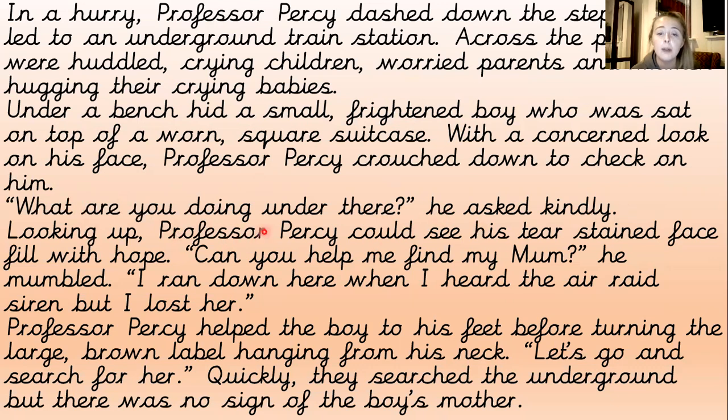Looking up, Professor Percy could see his tear-stained face fill with hope. "Can you help me find my mum?" he mumbled. "I ran down here when I heard the air raid siren, but I lost her." Professor Percy helped the boy to his feet before turning the large, brown label hanging from his neck. "Let's go and search for her." Quickly, they searched the underground, but there was no sign of the boy's mother.